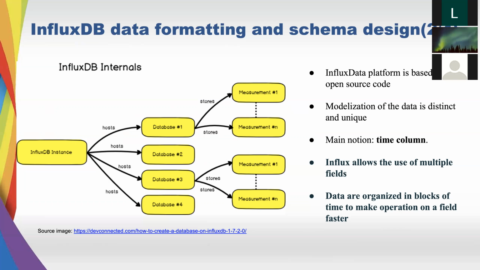InfluxDB allows the use of multiple fields, and on disk, data are most of the time organized in blocks of time, which help mainly for the measurement. The tag set is just a collection of tag key values. And what I like here is that this makes operations on fields much faster.